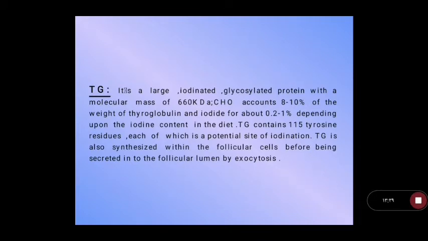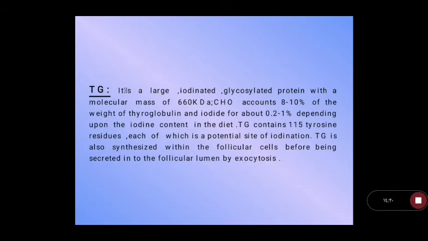Carbohydrate is 8 to 10% of the weight of the thyroglobulin, and iodide equals 0.2 to 1% depending upon the iodine content in the diet. Thyroglobulin contains 115 tyrosine amino acids, each of which is a potential site of iodination. Each tyrosyl group can acquire iodine to give mono, or di, or tri, or tetra.